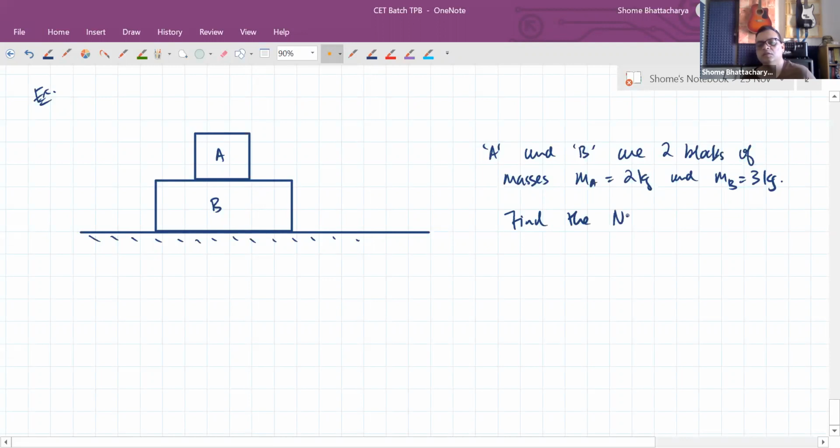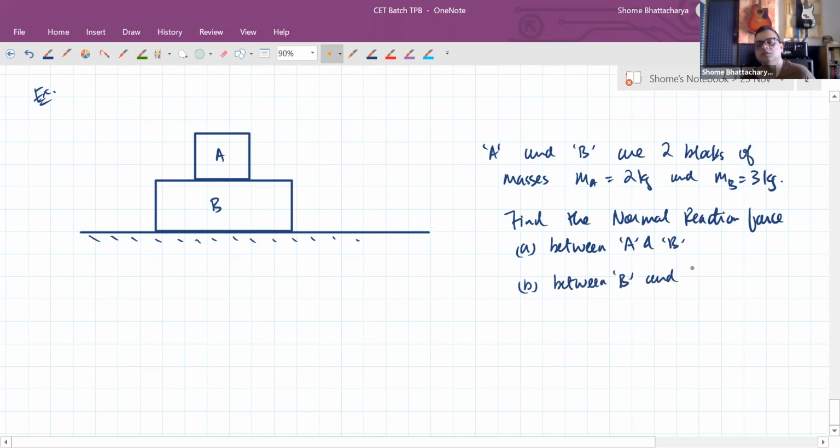Find the normal reaction force between A and B, and secondly between B and the ground or the horizontal surface.